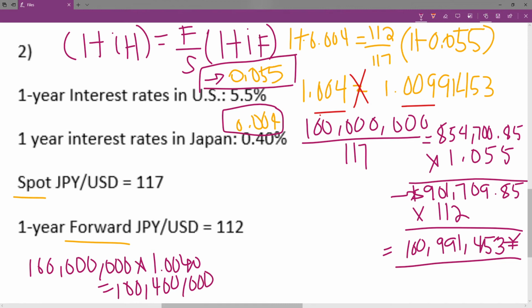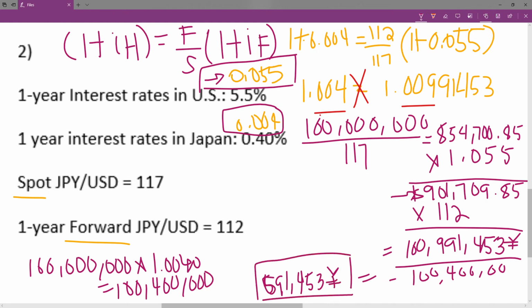Okay, and then we're going to subtract that here. And then that's going to equal 591,453 yen. Okay, and then this is our total answer for this problem.